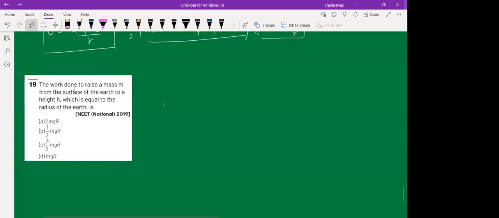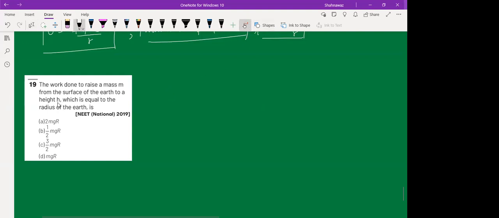The work done to raise a mass m from the surface of the earth to a height h, which is equal to the radius of the earth, is equal to what? So what is the work done? What is the work done in moving an object from some height to another height, right? So the work done to raise from the surface of the earth to a height h, which is equal to the radius of the earth, right?